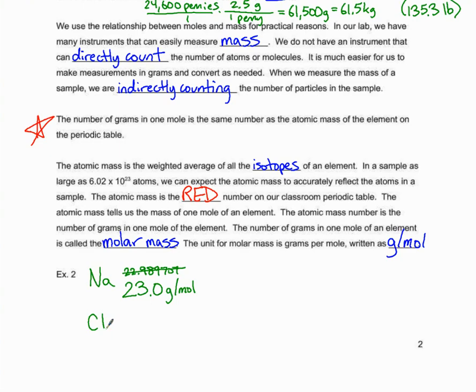So let's find chlorine on our periodic table now. It's towards the top right. Looking at my periodic table, its atomic mass is 35.4527. And so to 3 significant figures, the molar mass of chlorine is 35.5. And that's the number of grams in 1 mole of this element.